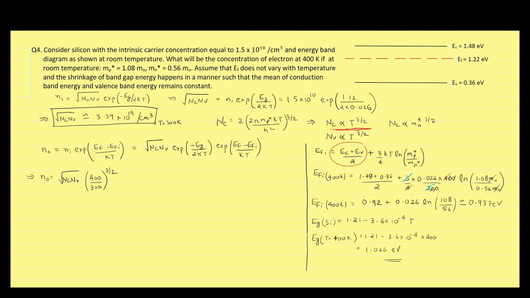We have already solved similar questions in which we have to find the value of Nc at a different temperature and are provided with the value of Nc at some other temperature.